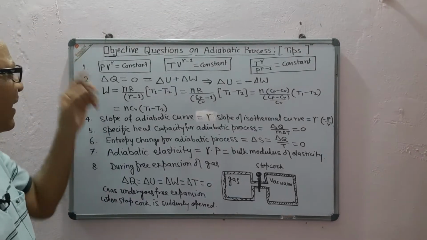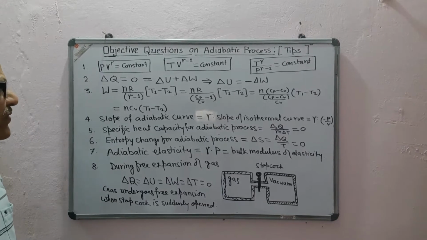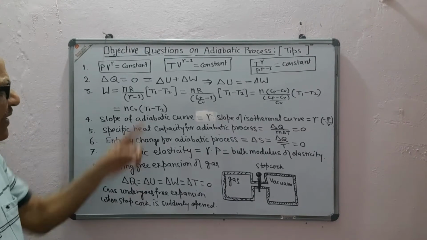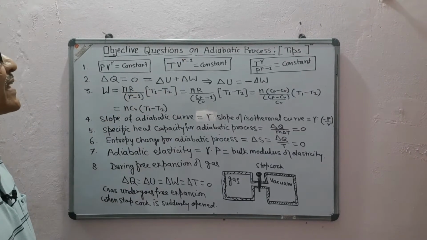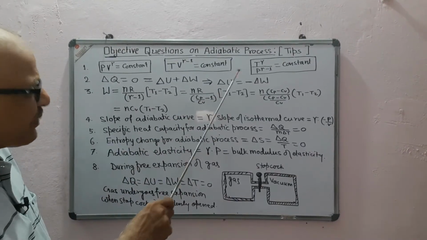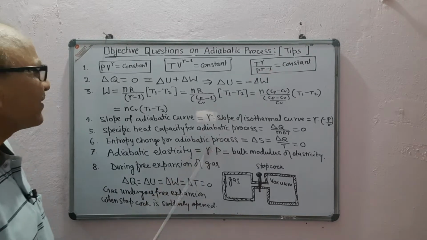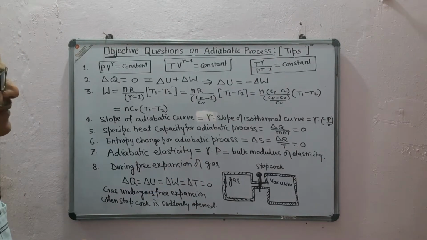In adiabatic process, the equation is PV to the power gamma is constant. Another equation is TV^(gamma-1) is constant, and the third equation is T^gamma upon P^(gamma-1) is constant. Here gamma is the adiabatic constant, which is the ratio of Cp upon Cv.